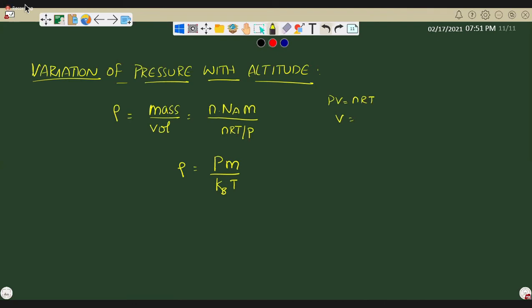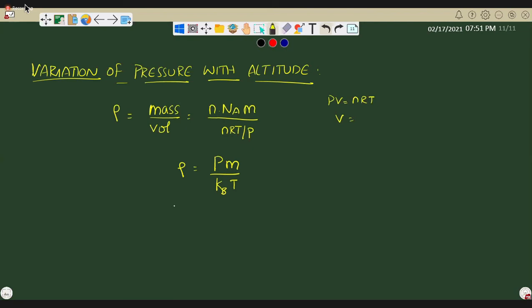So from this, I don't think you need a derivation, because now we see rho is equal to Pm by k_B T. From here, we'll try to get a general equation for the variation of pressure with respect to altitude.